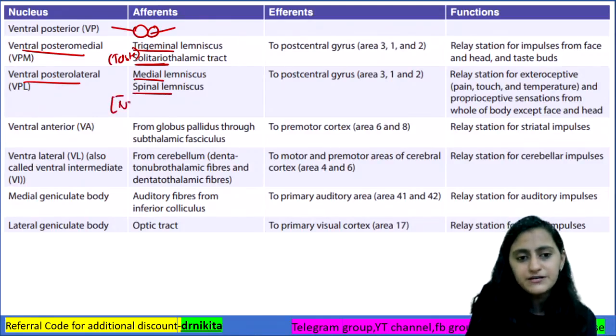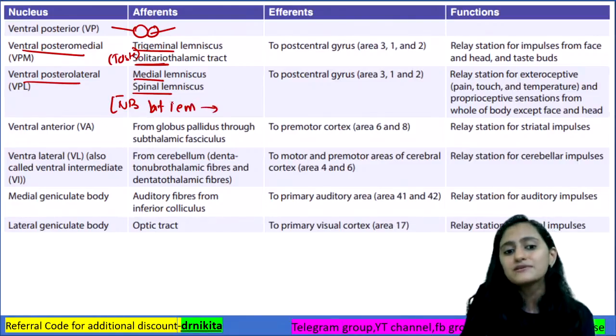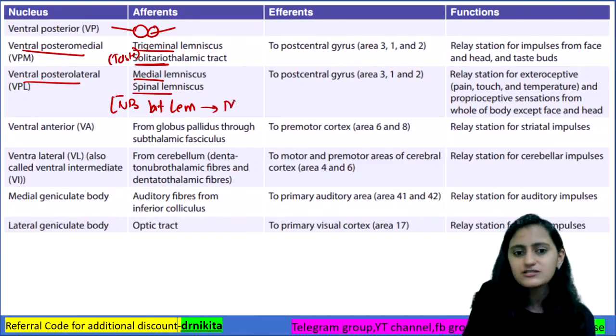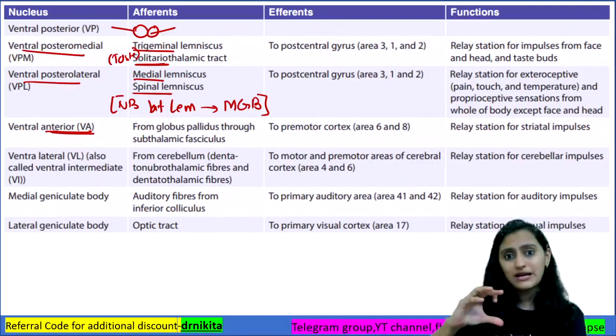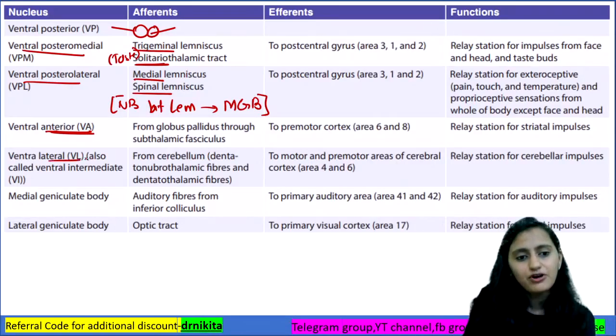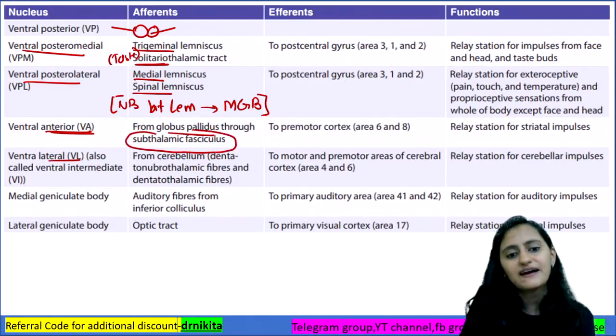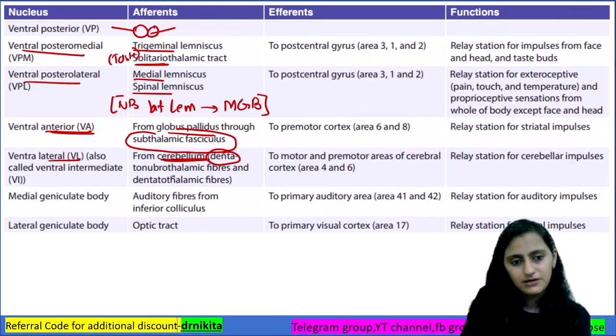Point to be noted: where does lateral lemniscus go? Lateral lemniscus, auditory pathway, so it goes to the medial geniculate body. Ventral anterior, ventral lateral, they will have your globus pallidus. It comes through the subthalamic fasciculus. And your ventral lateral will have from the cerebellum as well. So dentate is from the cerebellum.